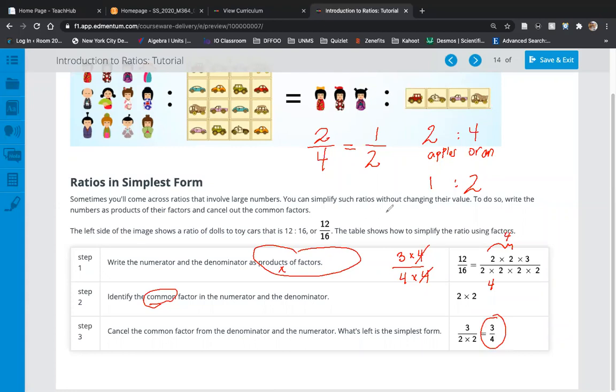Right? Please let me know if you have any questions here, right? So I know that this here is equivalent to this, and it's basically the same ratio, except all I did is I multiplied this ratio by 4. So once you find this common factor, that's kind of telling you how big you scaled it up by. So think about this here as like your fruit salad recipe.